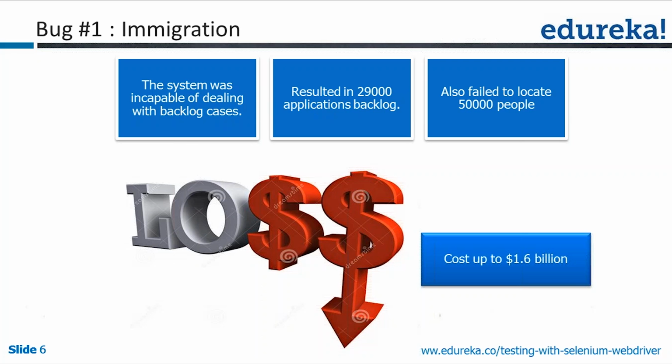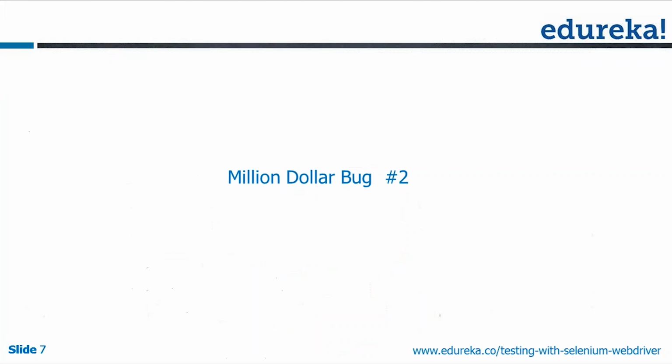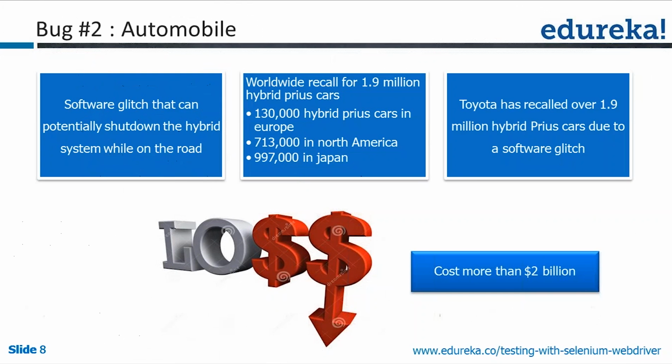Let's move to the second example, which is for the company Toyota. There was a Toyota model called the hybrid Prius. You guys might have heard about this bug. It's a very famous bug. There was a glitch in the software of that model that, while driving on the road, could potentially shut down the hybrid system.